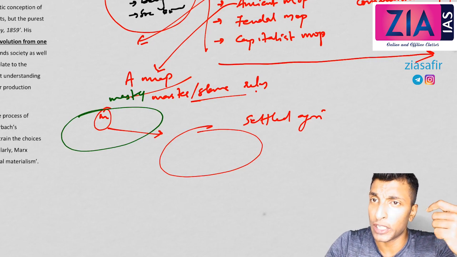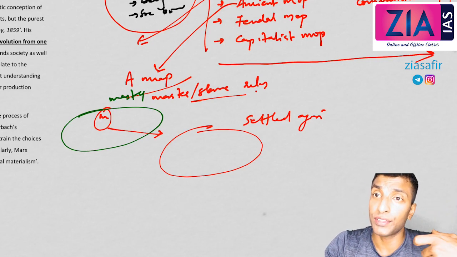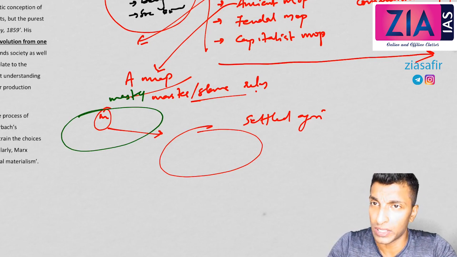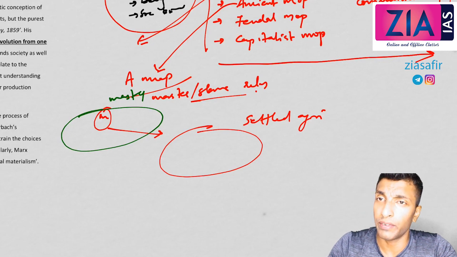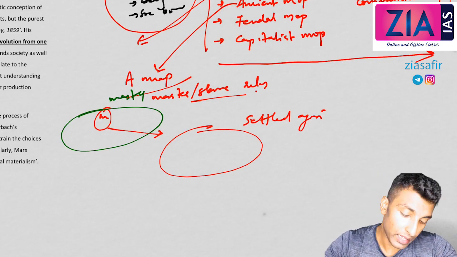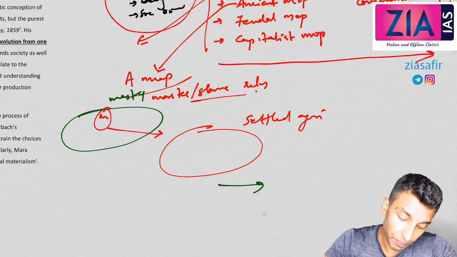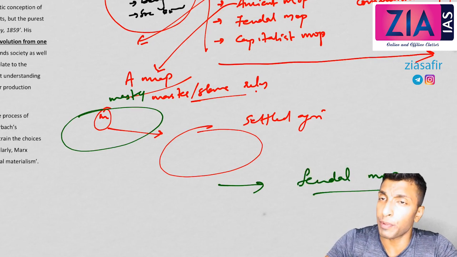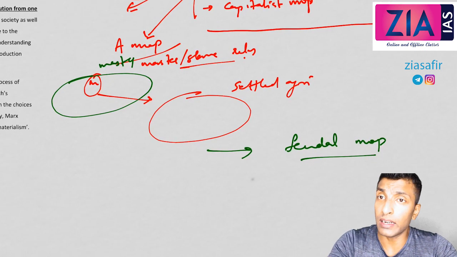So here also, when the mature condition exists, the slaves revolt. And slaves will capture control over entire forces of production because they know how to produce, what to produce, etc. So now they will start cultivating their own. Okay, and they will enter into a new mode of production, that is feudal mode of production, where the entire production will be done by the erstwhile slaves.